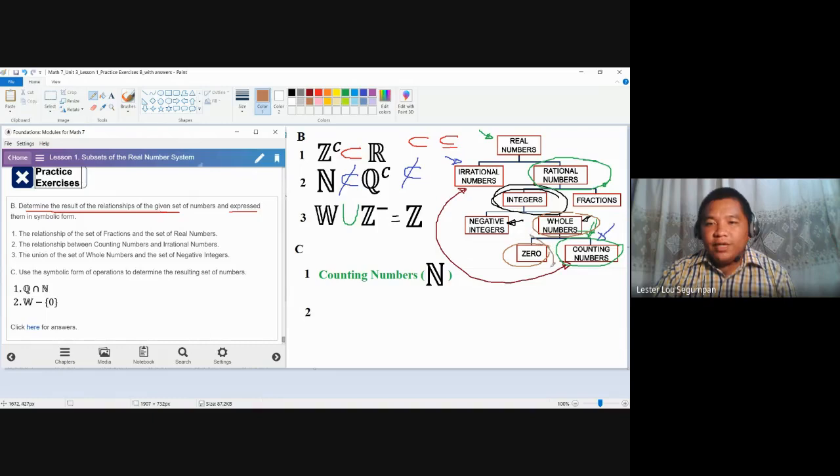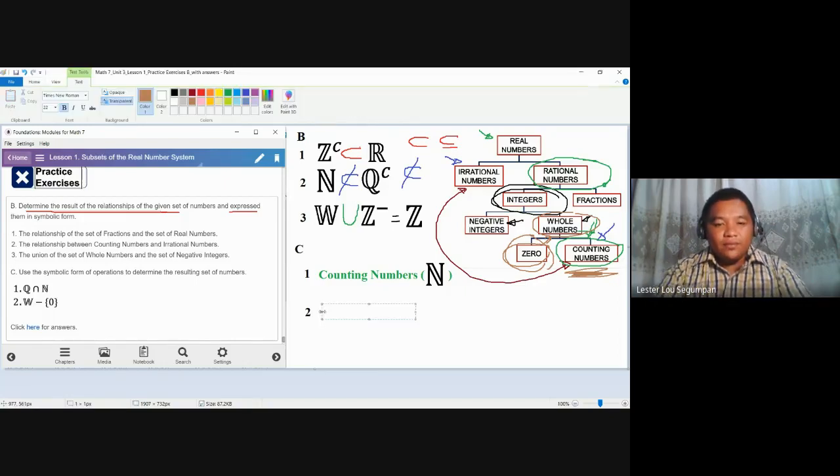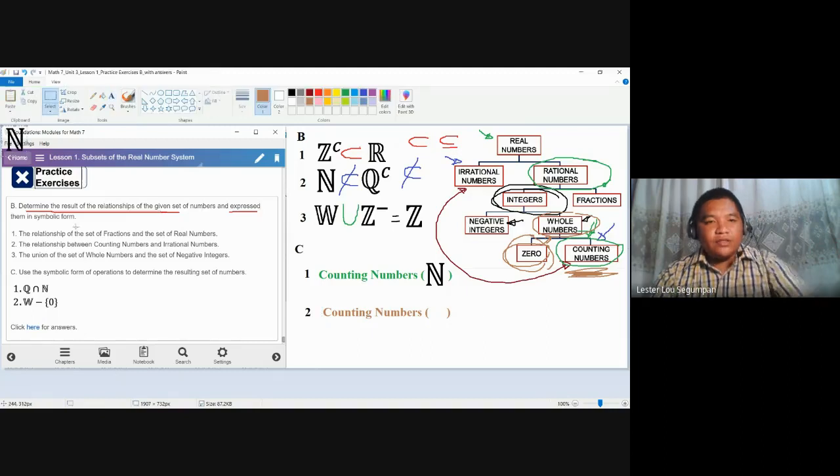When we remove 0, we are left with the counting numbers still. When we remove this from the whole numbers, what remains is still the counting numbers. In short, our answer here is still counting numbers, or we could use the symbol for the natural numbers, N.